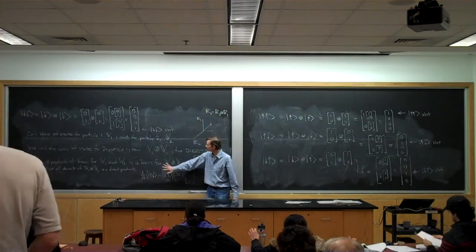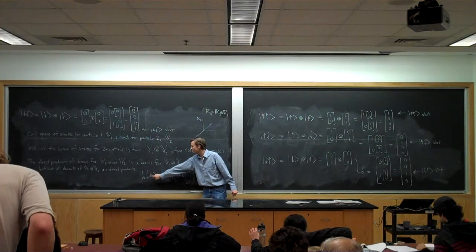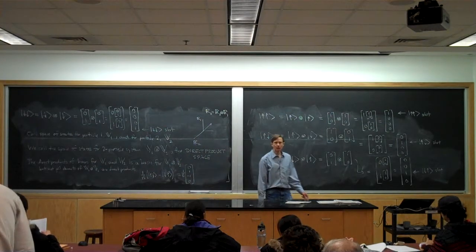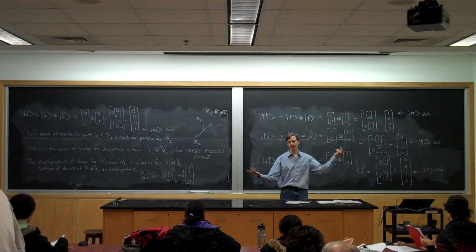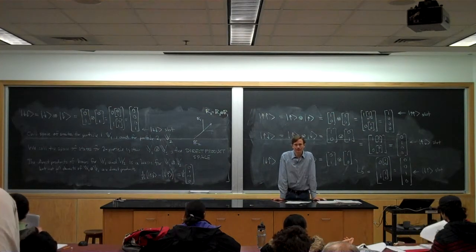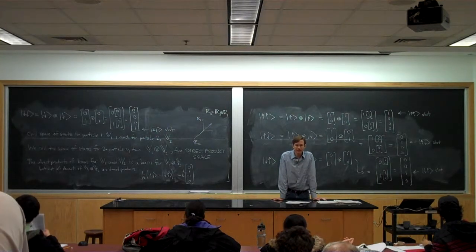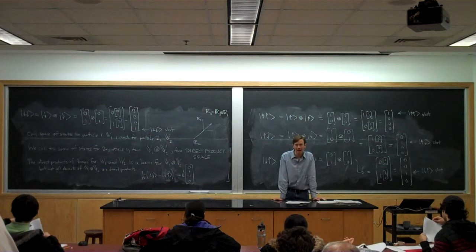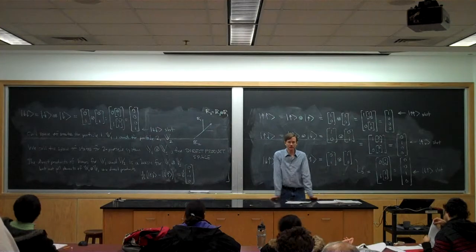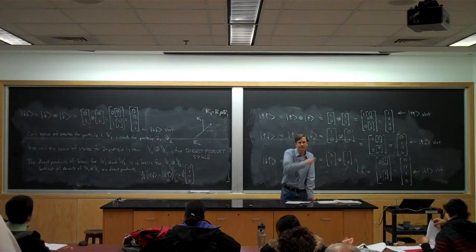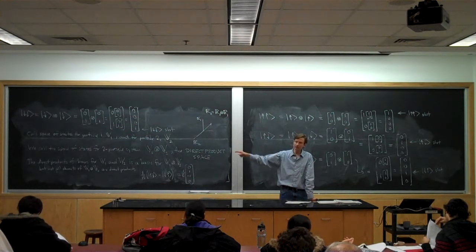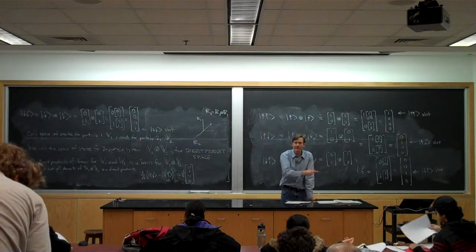So as soon as I measure the first particle and get spin up, I also know the other particle is spin down. So if she measures, she's got to get spin down. She is guaranteed to get spin down. She doesn't know she's going to get that, but Mary Ann knows she's going to get spin down when she makes the measurement. Unfortunately, Mary Ann can't tell Sally that she's going to get spin down before she makes the measurement.